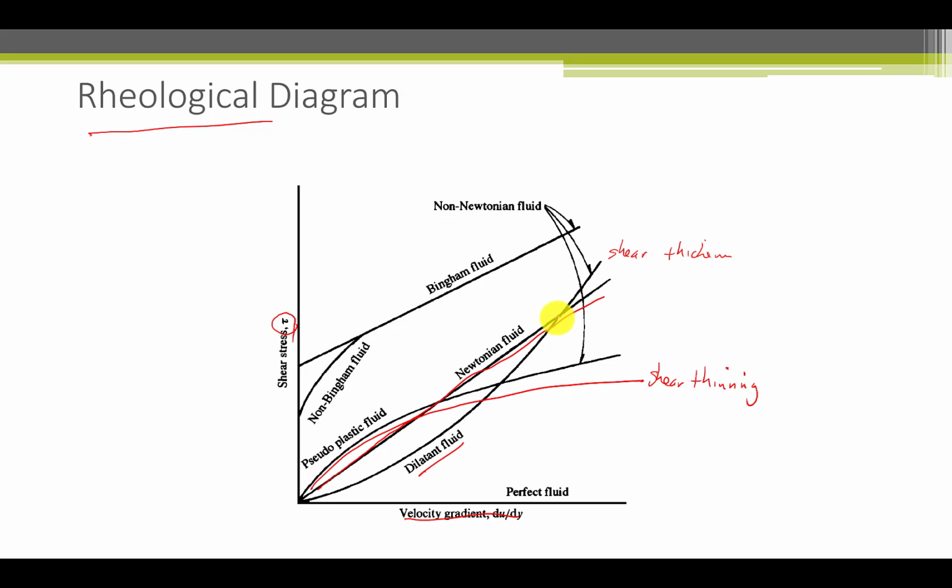It'll just sit there in a pile, but when you apply enough pressure it will start to flow. So it has a point here that's above zero that's required to get it moving, but once you get it moving it has a linear flow pattern. Those are called Bingham plastics, and of course there are non-Bingham type nonlinear fluids. They're all much more complex to work with than the linear Newtonian fluid properties.